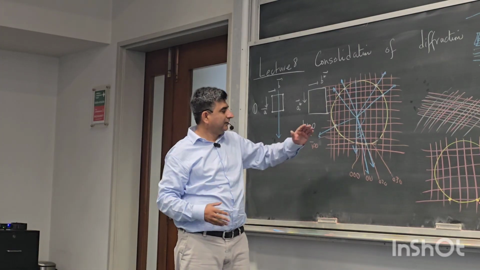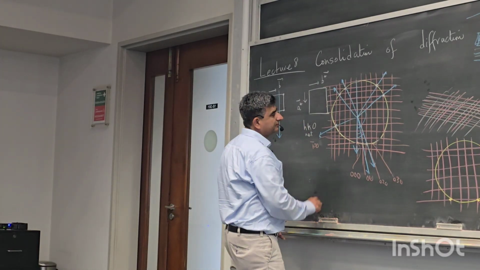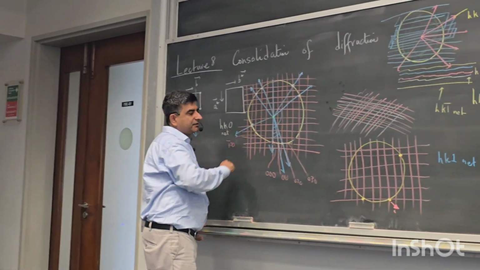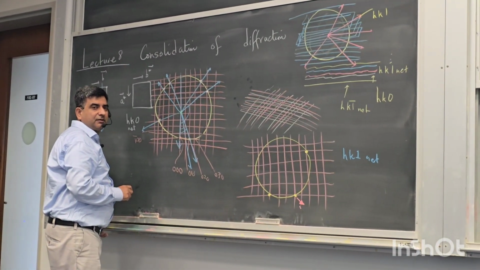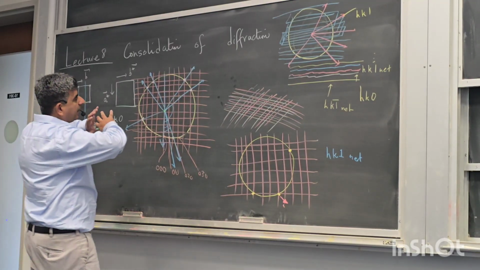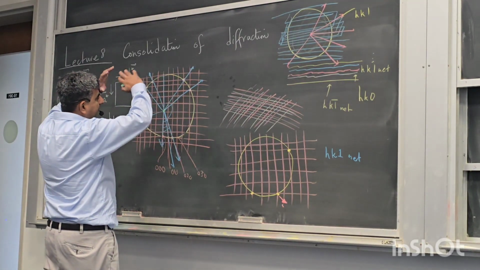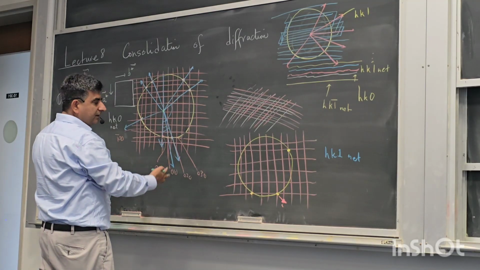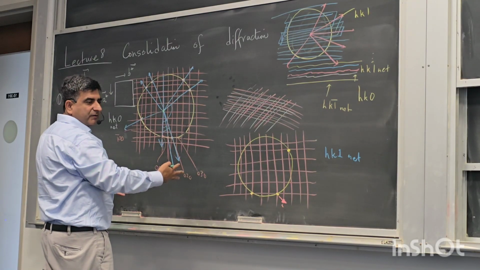The sample is located here. The sample size is really, really small. So when you're doing a real experiment, you have some kind of camera, some kind of detector around the sample, which is picking up these X-rays from different directions.